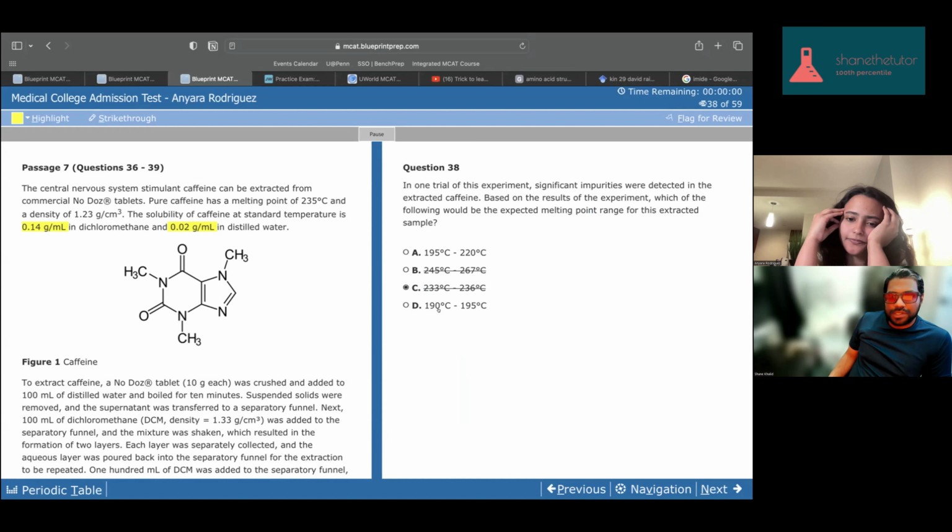If it was a pure substance, the range would be very tight compared to if it's not a pure substance, right?